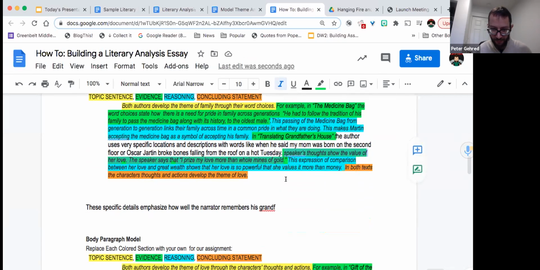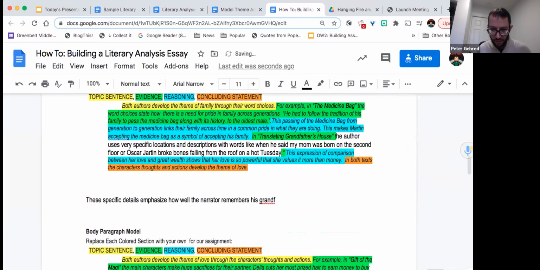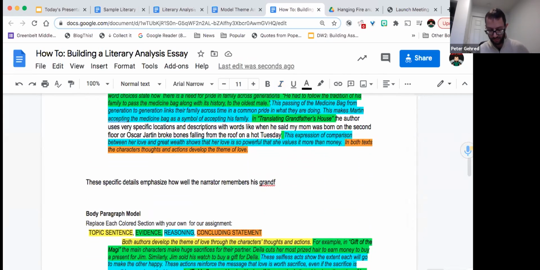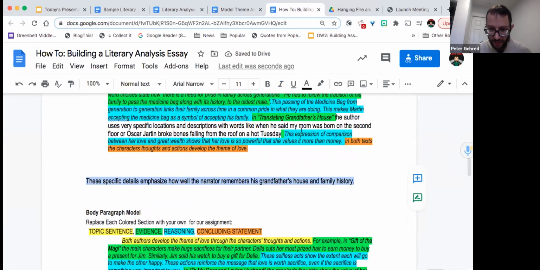Then we clean this up. We add the reasoning. We didn't quite copy everything we needed.